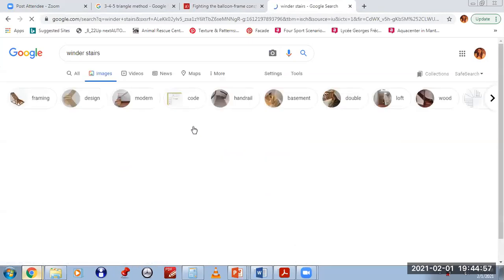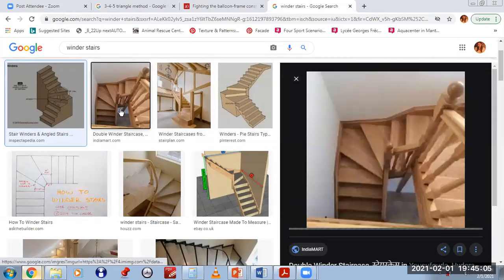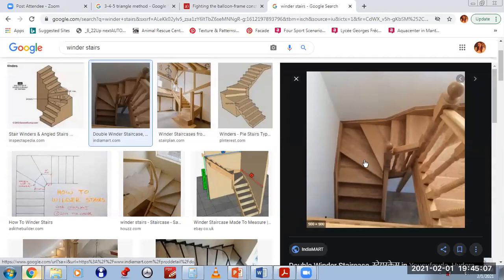So basically, if you can see, this is a winding step. These are winders, a double winder step. You've seen this, right? All of you? Yes.